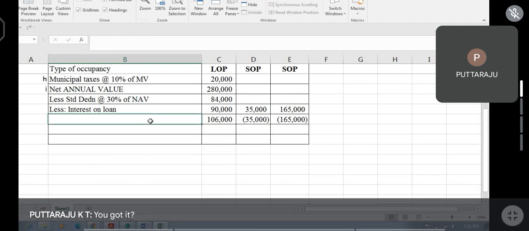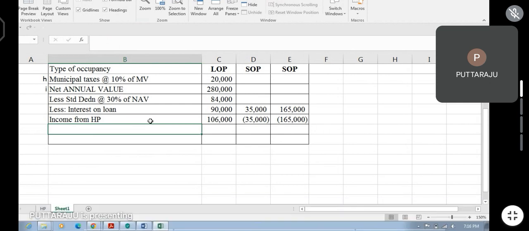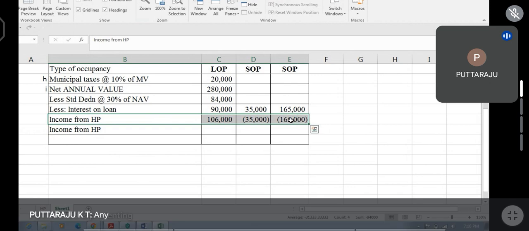This is income from house property. Any doubt in this?